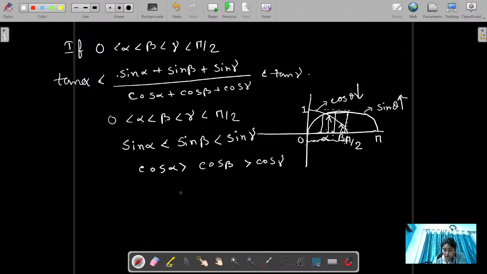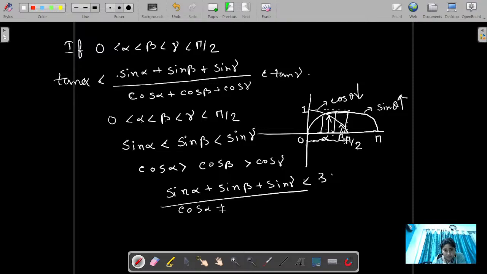Now if we add all this, what are we going to get? Sine alpha plus sine beta plus sine gamma. Here also I have to add all this, cos alpha plus cos beta plus cos gamma.